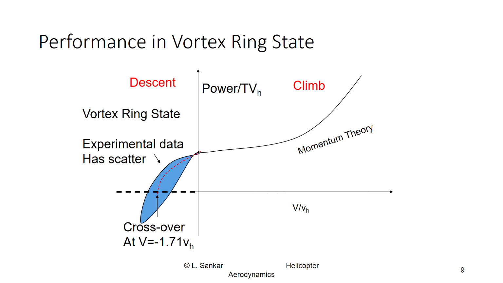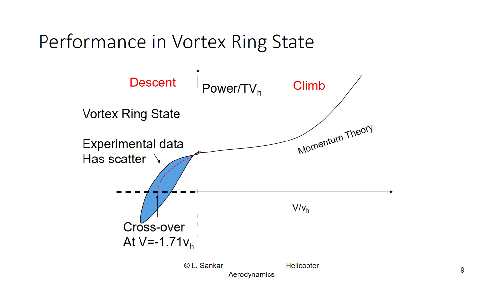So up to a certain descent velocity, roughly around minus 1.71 times VH, you need to supply power. Below that, you don't need to supply power anymore, at least from the induced power consideration. You may need a little bit more power from a profile power consideration, but roughly minus 1.71 VH is where, if you run out of power, you can still safely descend down.